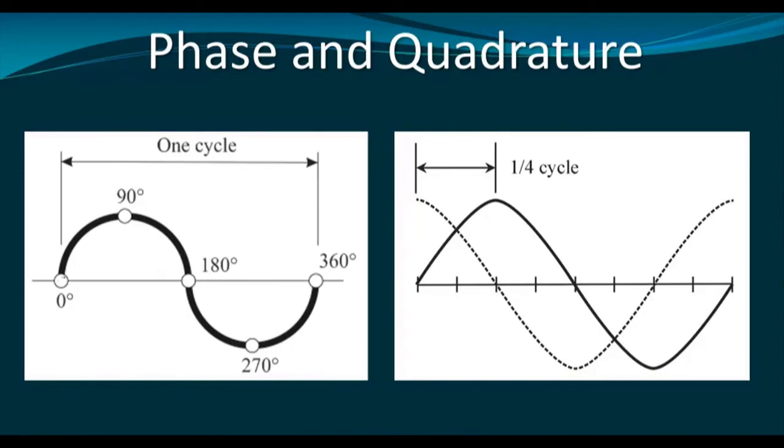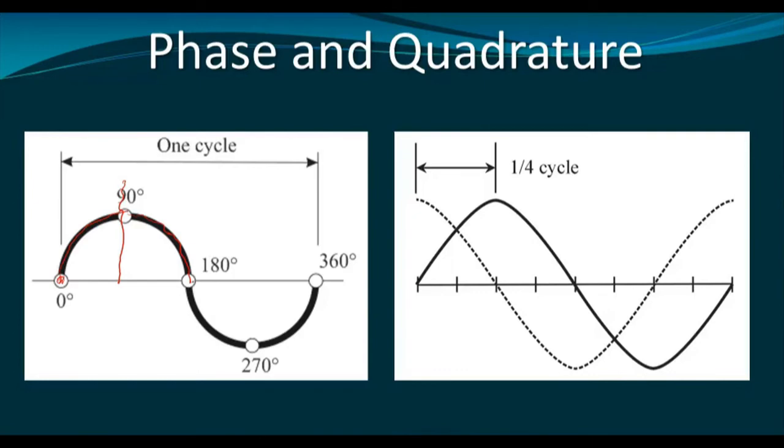For example, in this case, the wave starts from 0, then it goes up and reaches its positive maxima. This angle is actually 90 degrees. Then it goes down and again reaches 0. Then the angle becomes 180 degrees.